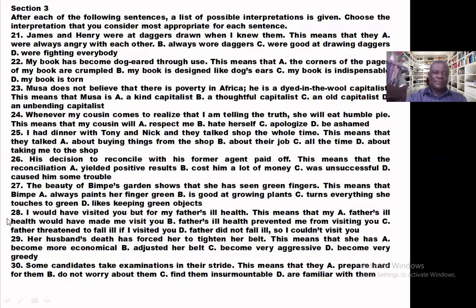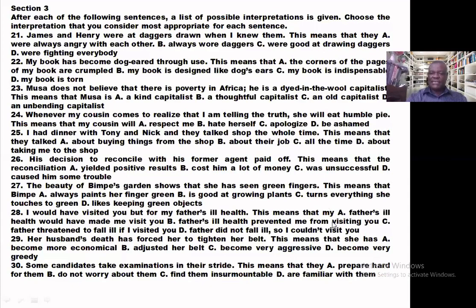All right, 28, I would have visited you, but for my father's ill health. Again, you see, I would have visited you, but my father's ill health prevented me from visiting you. So that's the simple meaning, and you need to actually arrive at the meaning before you start looking at the options.